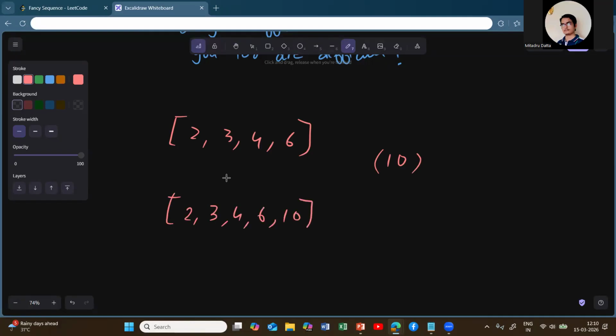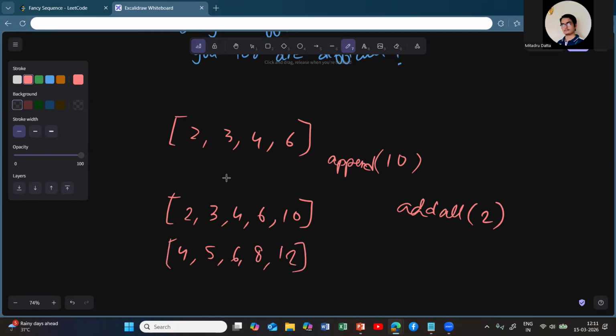Okay, and let's say now something came which is addAll 2. This type of function can also come. This was the append function. Then you need to add 2 to each of the elements. I mean, you should not exactly add, but it should be stored as if it is added.